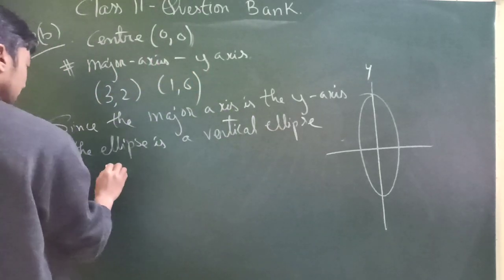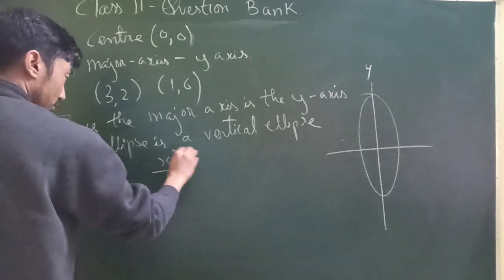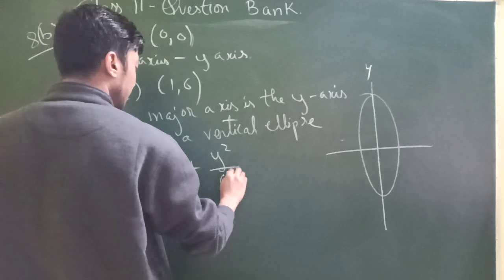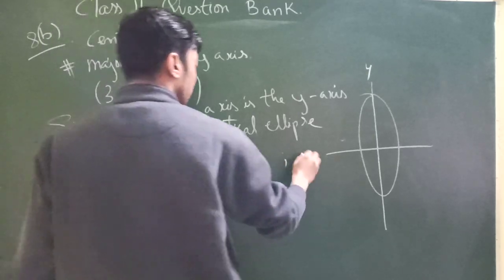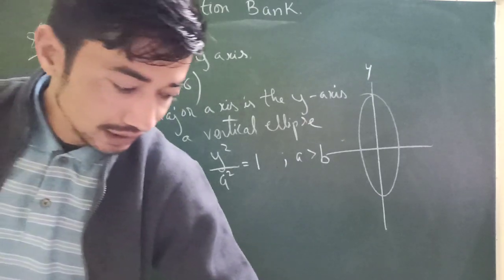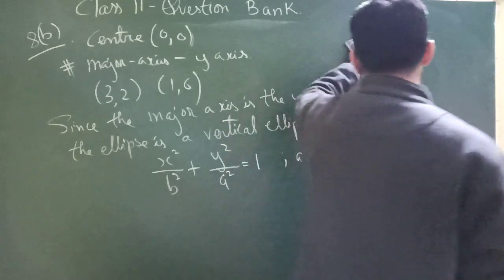So vertical ellipse will represent x square by b square plus y square by a square is equal to 1, because of course a is always greater than b. So that is the standard equation. That can be our equation number 1.